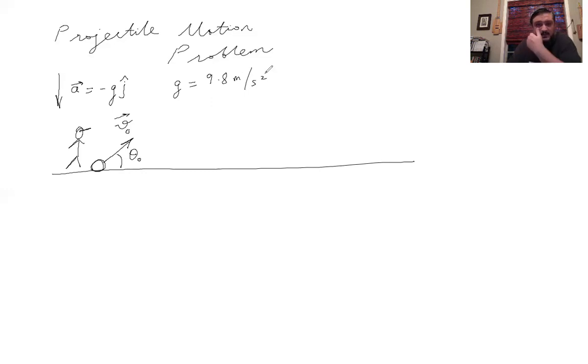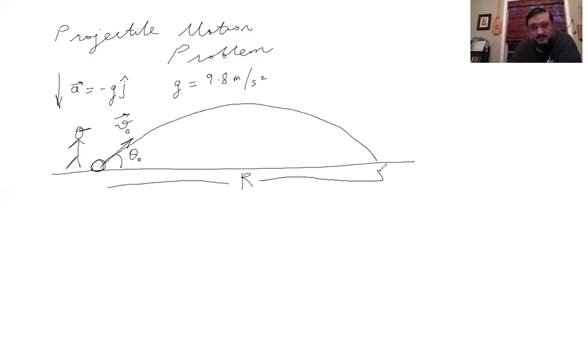We're interested in how far the ball is going to fly. Where is it going to land? It's going to be a parabolic path like this. It's going to land a distance, let's say R, away from where you kick it.